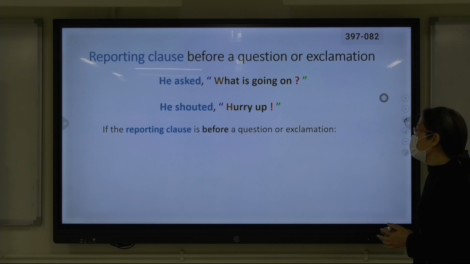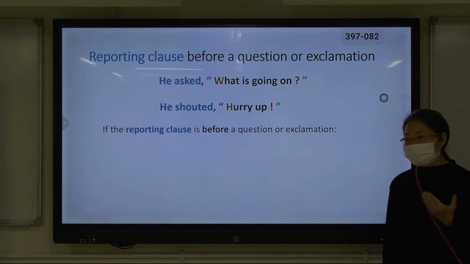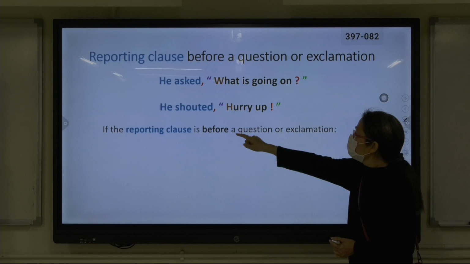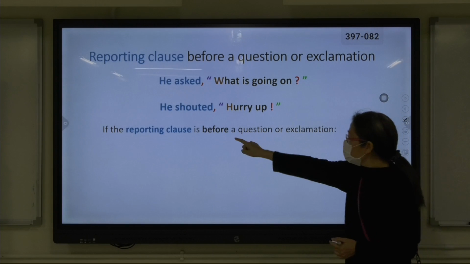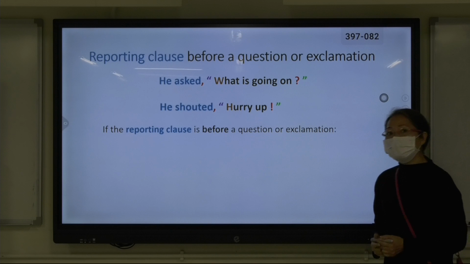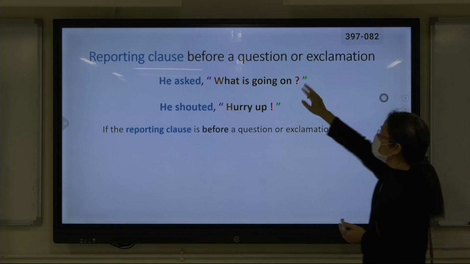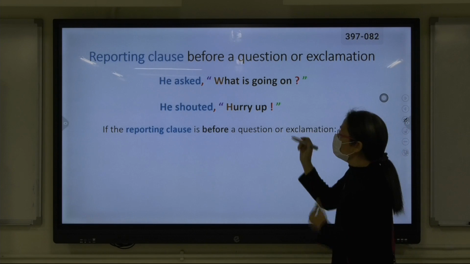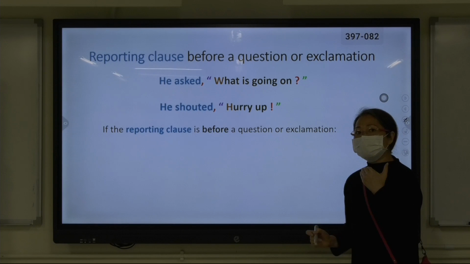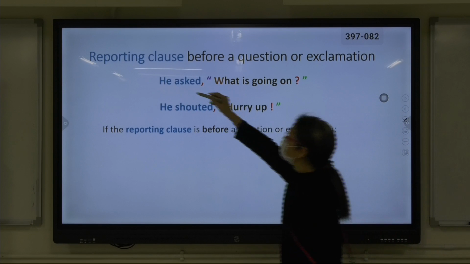If the reporting clause is before a question or exclamation, we will write it like this. It's similar to writing the statement.